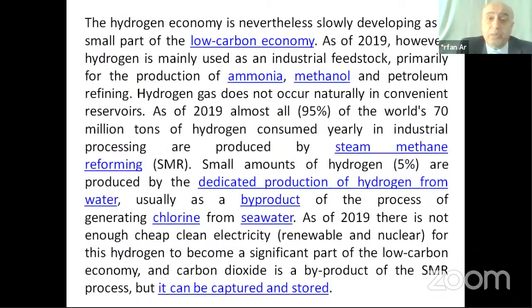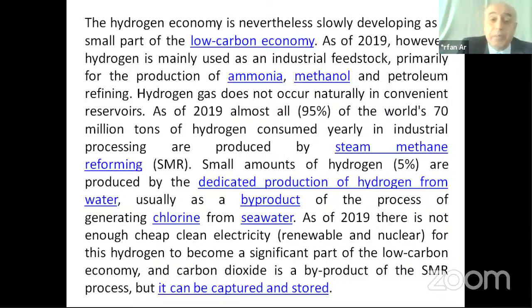The hydrogen economy is nevertheless slowly developing as a small part of the low carbon economy. As of 2019, however, hydrogen is mainly used as an industrial feedstock, primarily for the production of ammonia, methanol, and petroleum refining. Hydrogen gas does not occur naturally in convenient reservoirs.